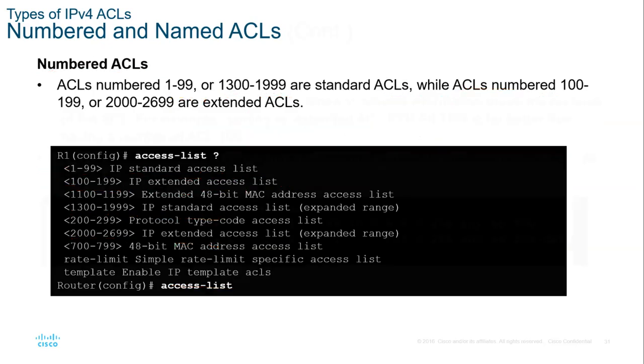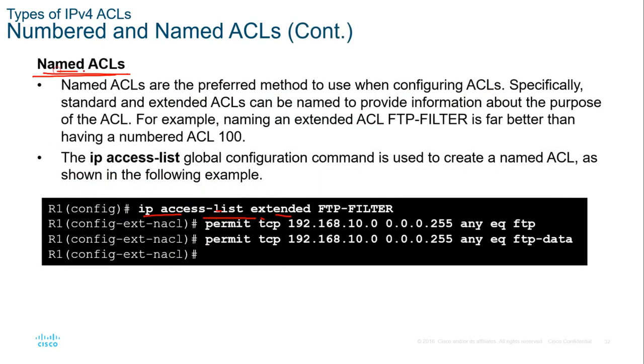Now when it comes to named, on this point here, ip access-list, you can say standard or you can say extended. The moment you deal with extended, then you have to work with both the source and destination IP addresses, together with source and destination port numbers.